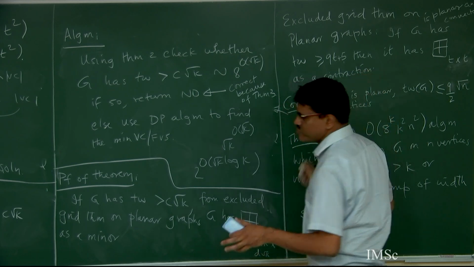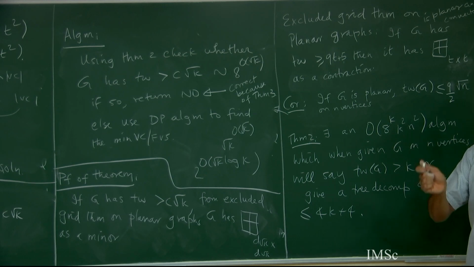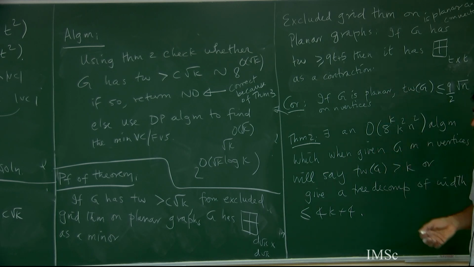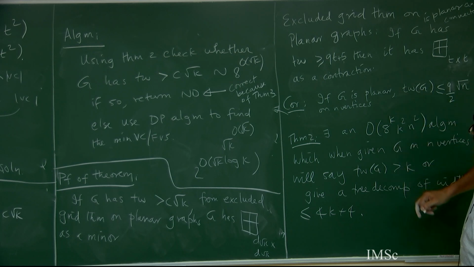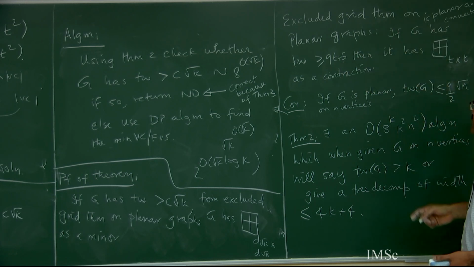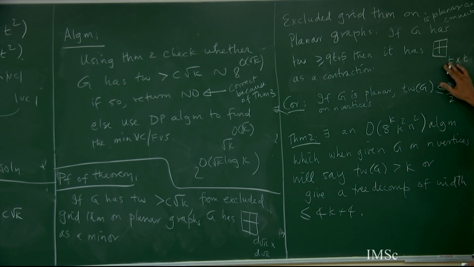Actually, it fails only for subgraph. It's okay for contraction. Okay, so if you contract edges, the dominating set size actually becomes smaller. But if you delete edges, then it doesn't work, right? So this is a stronger theorem. Well, the bounds are slightly weaker, but it says that if it is planar and connected and it has tree width large, then it has a large grid which you can obtain by doing only contractions.